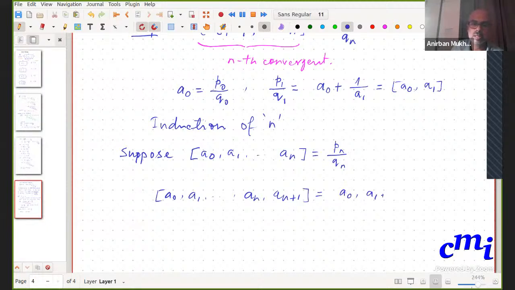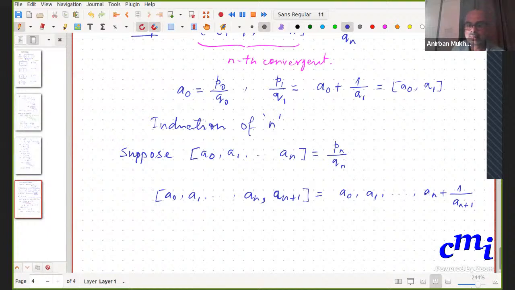I can just modify the last part. The last part is this, 1 over A(N+1).